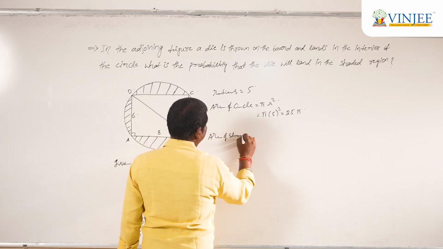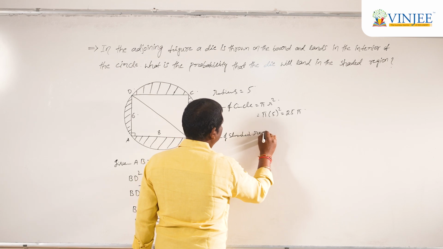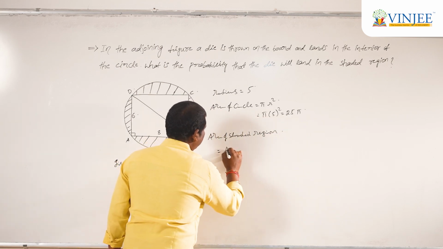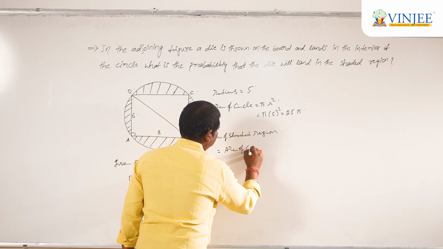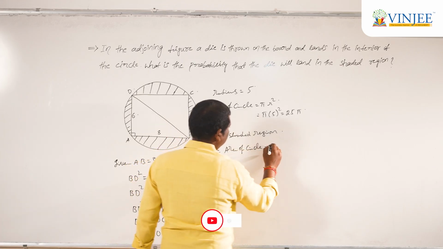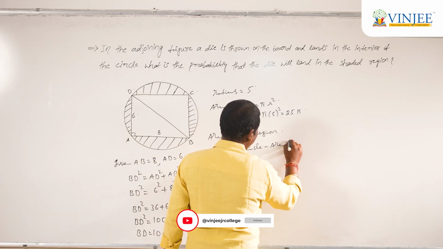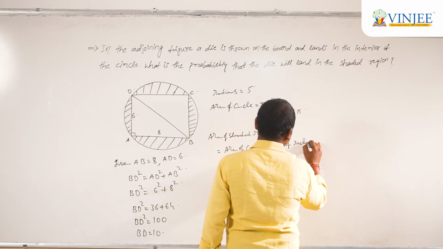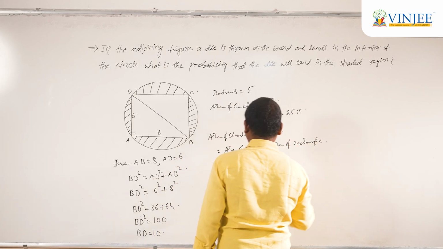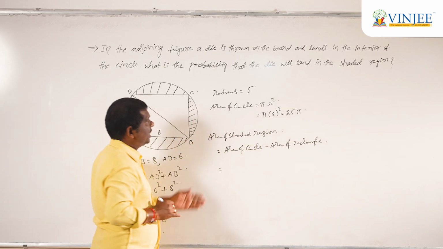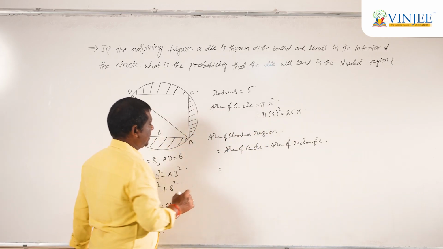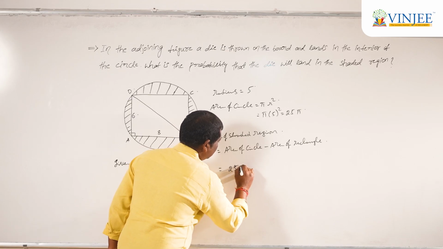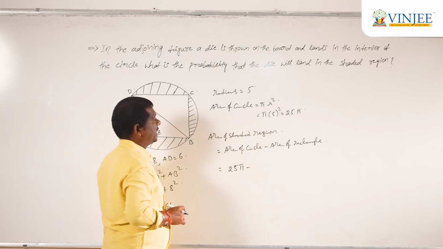Now the area of the shaded region should be equal to the area of the circle minus the area of the rectangle. The area of the circle we already calculated is 25 pi, minus the area of the rectangle.